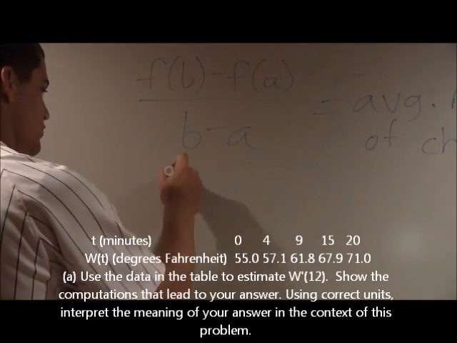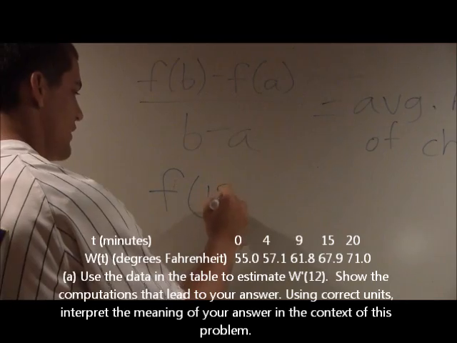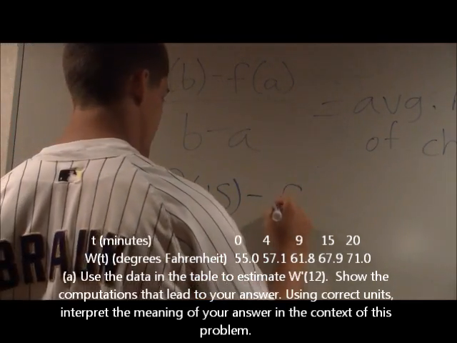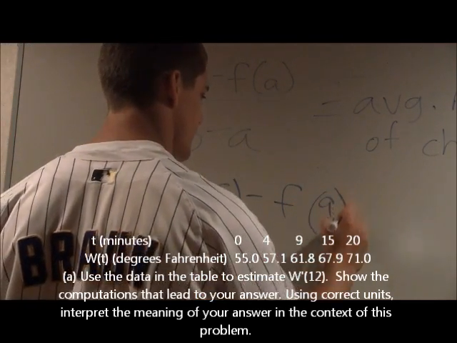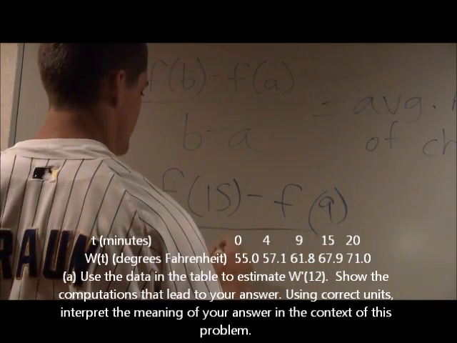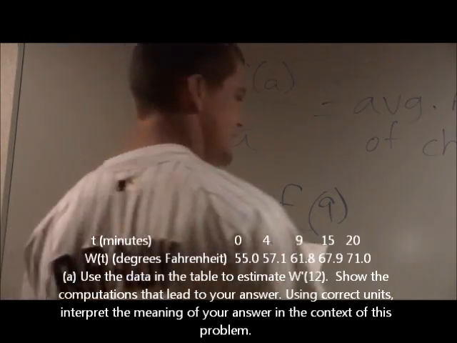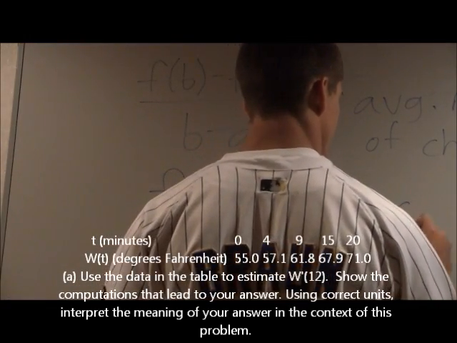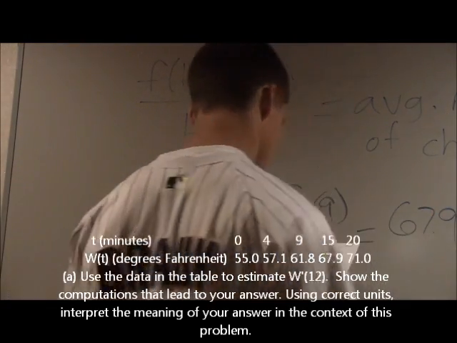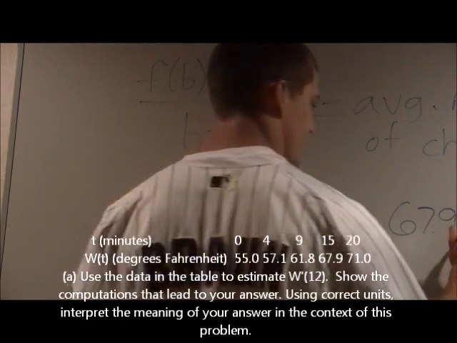So, you just go like this, f of 15 minus f of 9 over 15 minus 9. In this case, f of 15 is 67.9 and f of 9 equals 61.8.